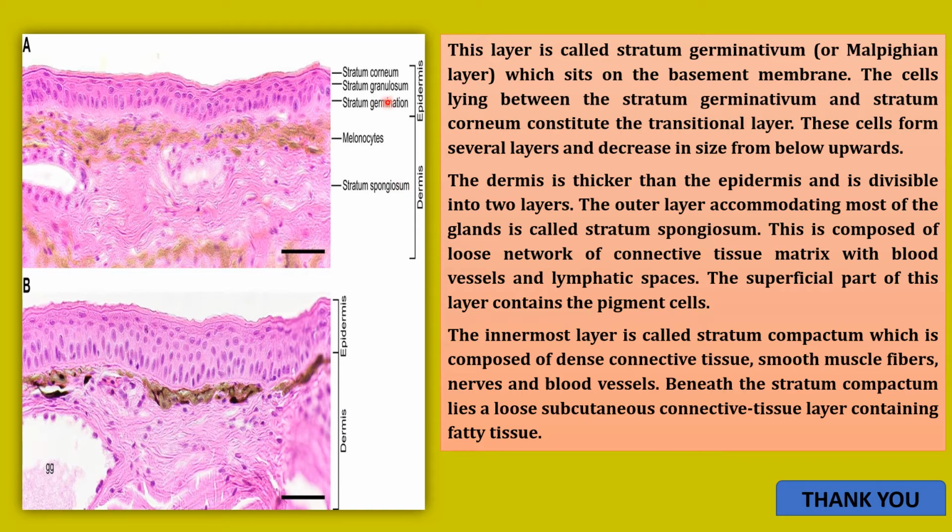Both are the same, stratum germinativum or Malpighian layer. That means epidermis includes stratum corneum, and another layer in between these two, that is stratum granulosum. This is not in your theory portion, but it has been shown in the diagram.